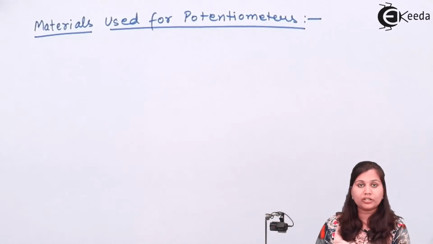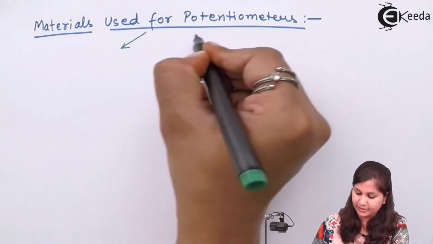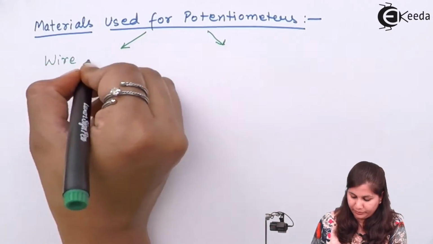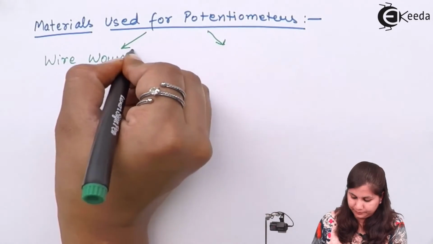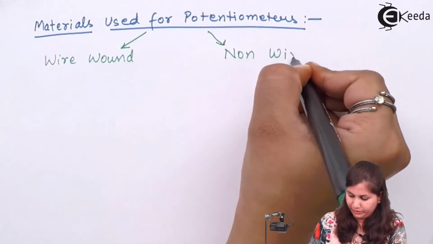The materials used for the construction of potentiometers are categorized into wire wound potentiometers and non-wire potentiometers.